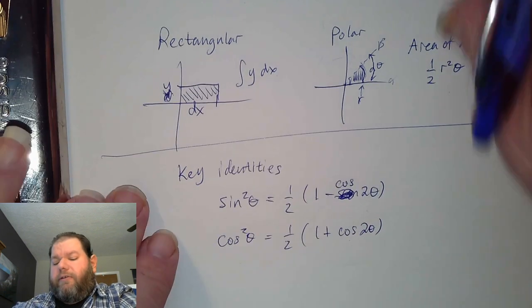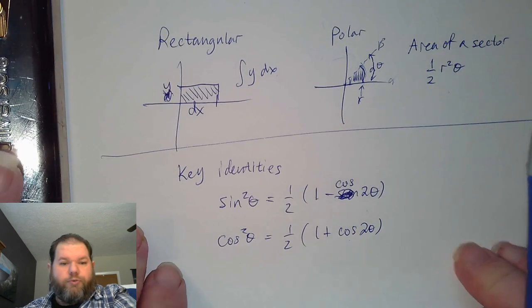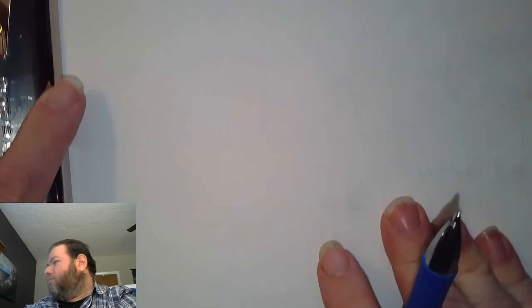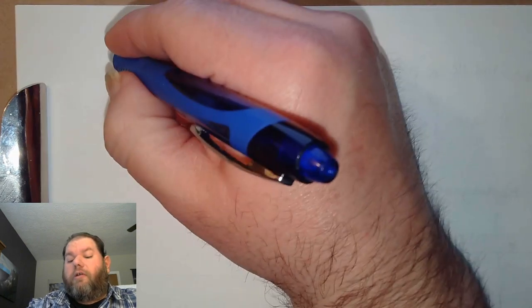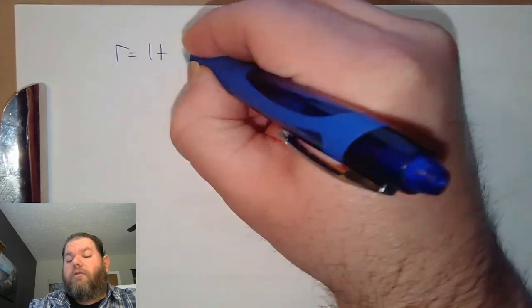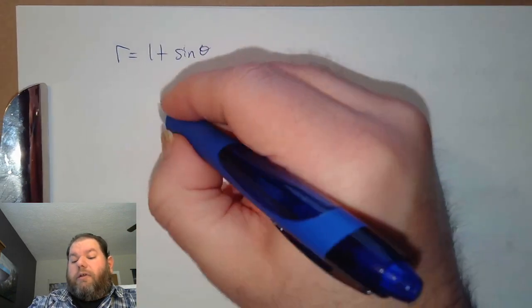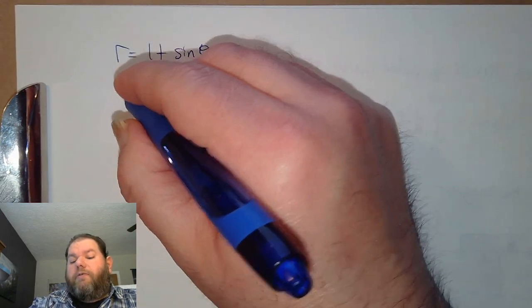So let's use that example I just mentioned, r equals 1 plus sine theta. Let's just find the area inside. Now, I'm just going to make it real quick.